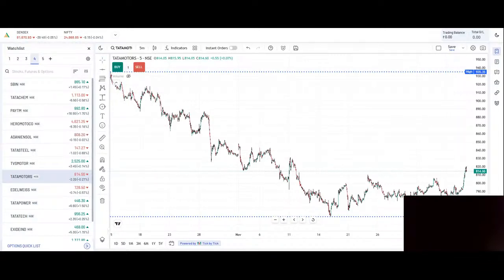What I feel is the next target of Tata Motors as of now is 890. Yes, 890. So let's hope so, and let's sit tight and see how it's going to go.